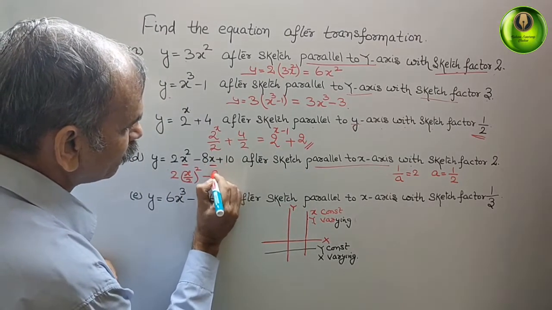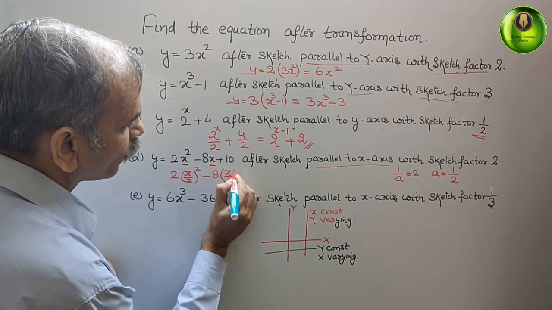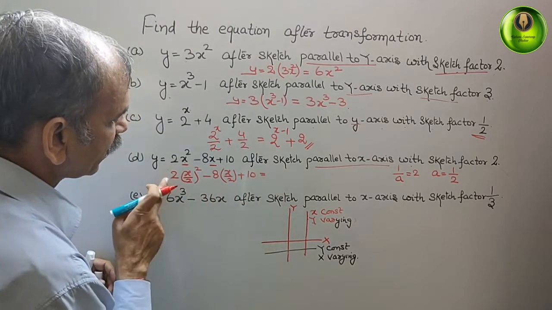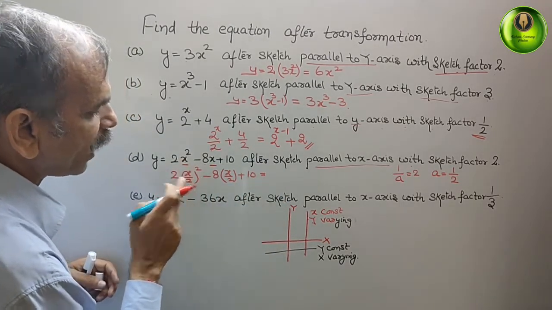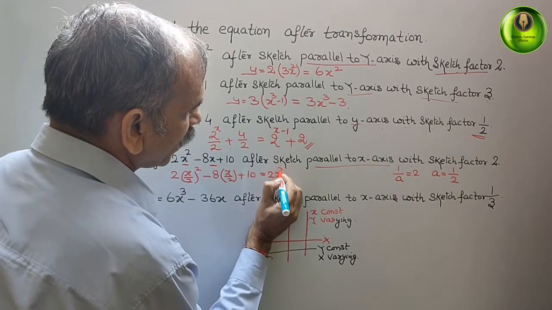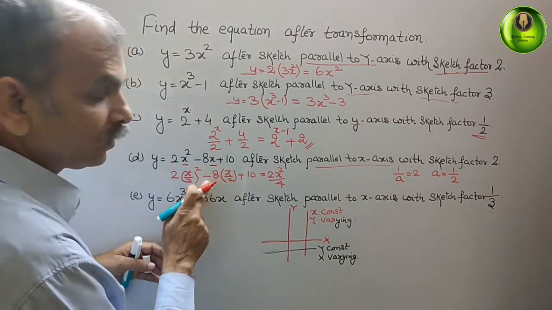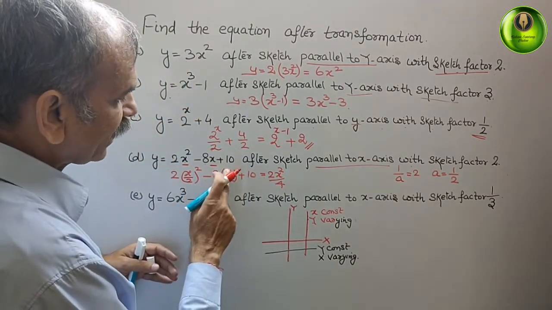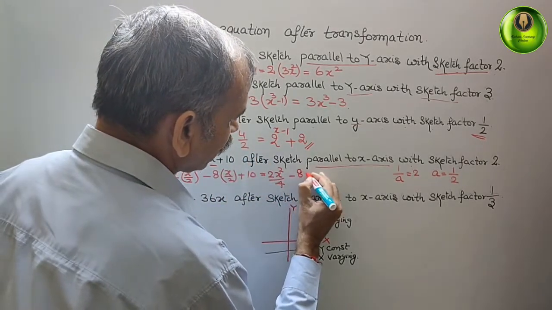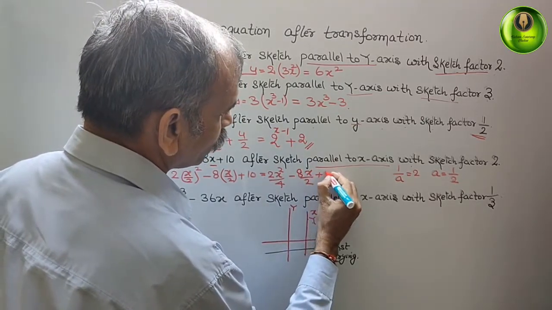Minus 8x, minus 8 into x by 2. Plus 10. That is equal to 2x square by 4, and here minus 8x by 2, plus 10.